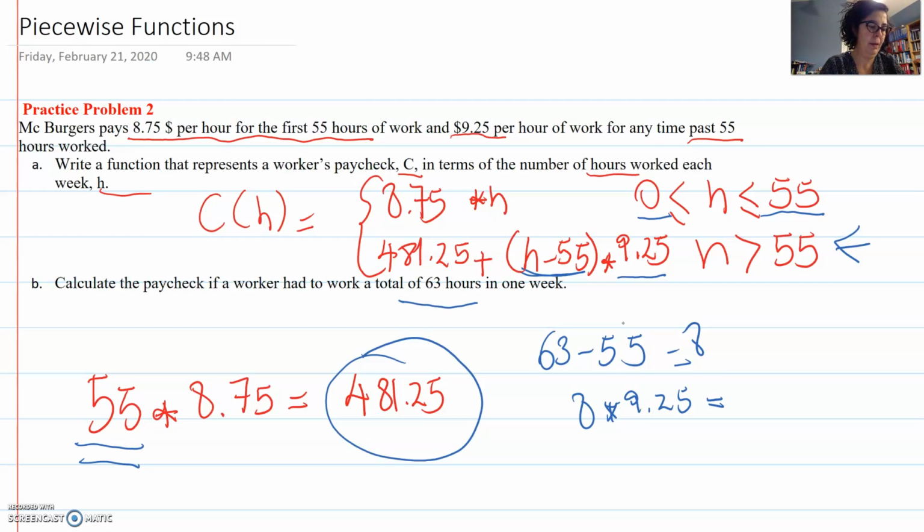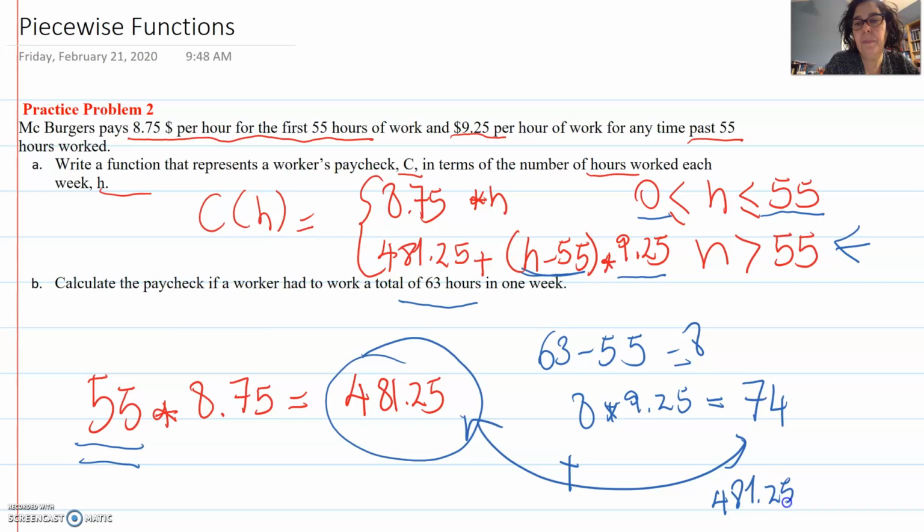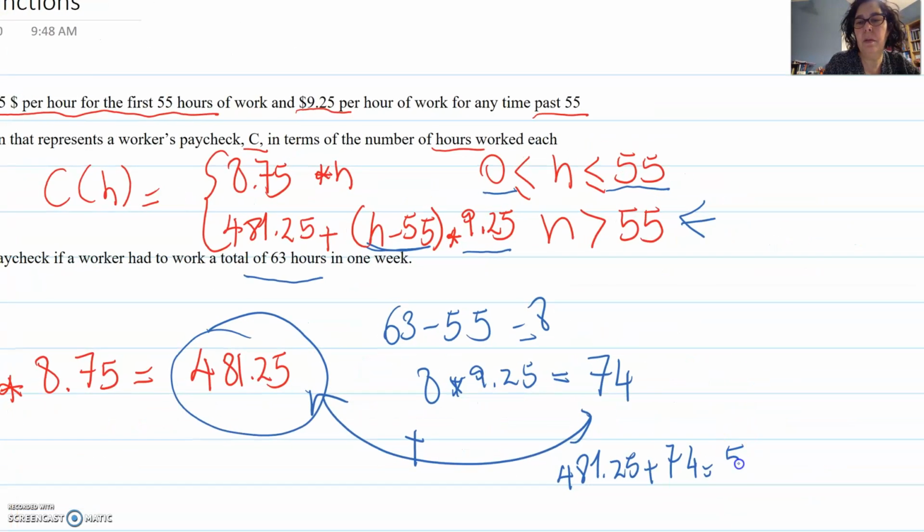Sorry, 8 times $9.25 is 74. We're going to pay 74 plus the worker worked 55 hours, so we're going to add these two, and then it will be equal to $555.25.